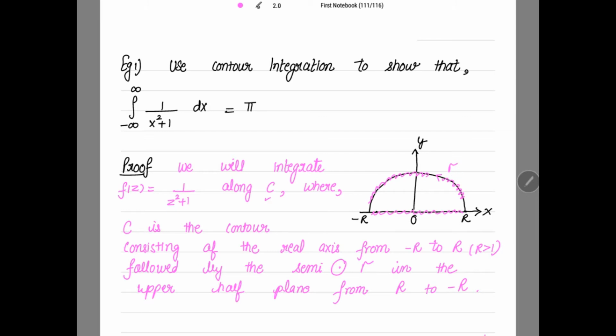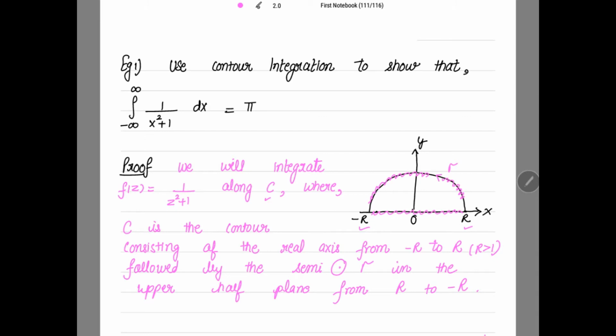Now we have to show that the integration from minus infinity to infinity of 1 over x square plus 1 dx is equal to pi. We will integrate f(z) equal to 1 over z square plus 1 along this C. What is C? C is the contour consisting of this real axis from minus r to plus r, followed by a semicircle, this tau, from plus r to minus r. This is your complete contour, which includes the real axis plus the semicircle.